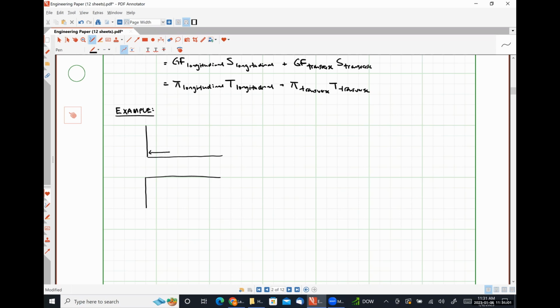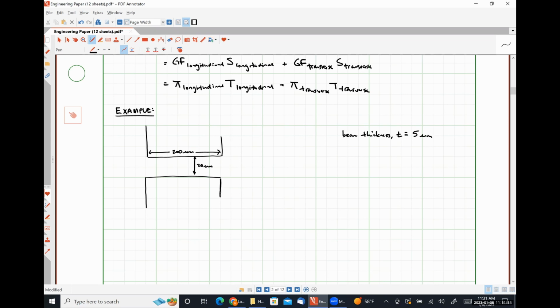And this beam will have a length of 200 microns. Oh sorry, while we're at it, the width of the beam will be 20 microns, and I'll just put it out over here. Beam thickness T will be equal to 5 microns.